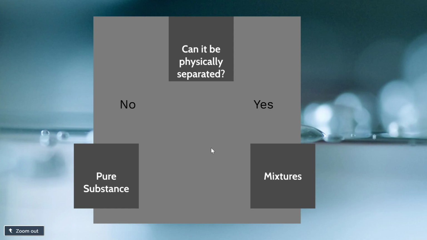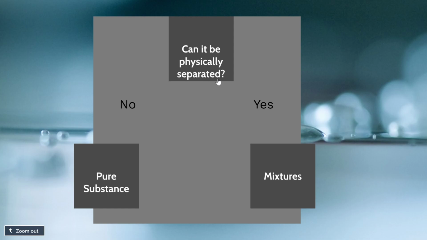And this next category is having us define whether something's a mixture or a pure substance. And there are two different ways that we can define a mixture. A mixture can either be something that's easy to physically separate, which means that you can use the different physical properties of things within the mixture to separate it.